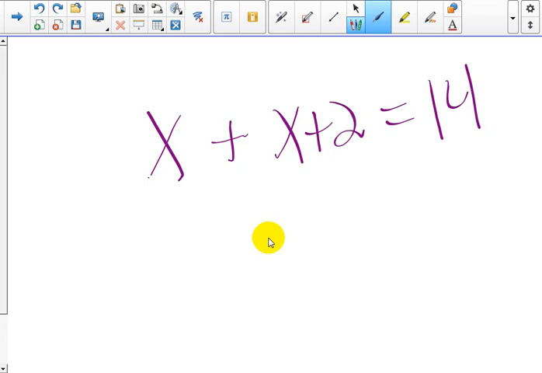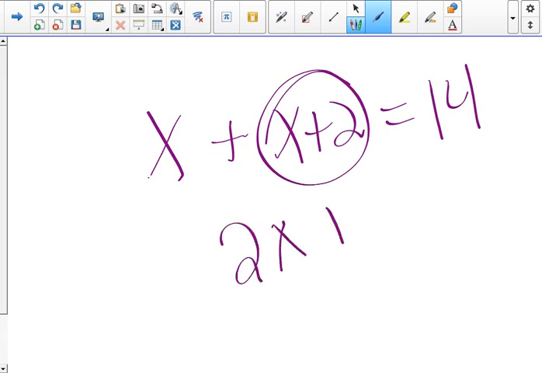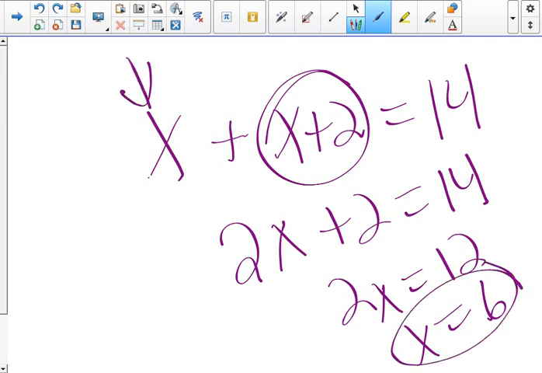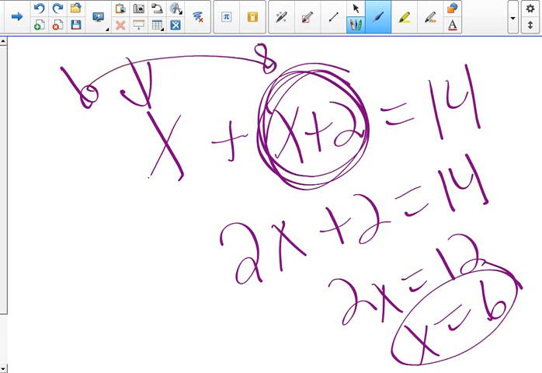It's in the way you set it up. So two consecutive even numbers, there's the trick right there to make it even. So let's see what it is. 2x plus 2 equal 14, 2x equal 12, x equals 6. Oh, the first even number is 6. The next even number would be 6 plus 2 is 8. 6 plus 8 does equal 14. So the even part is to say, oh, you just have to add 2 to that.